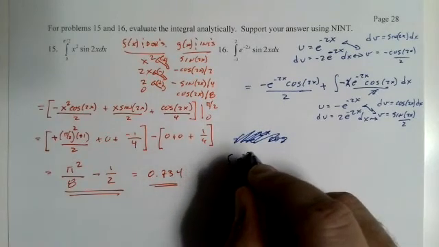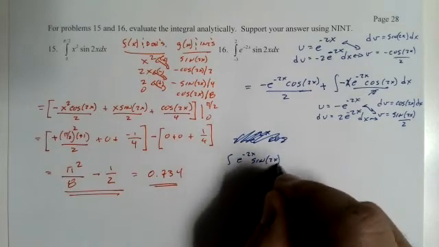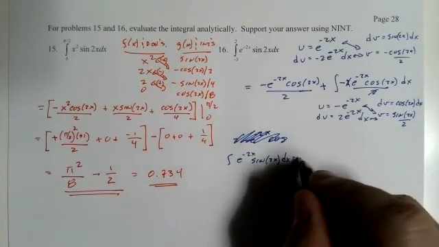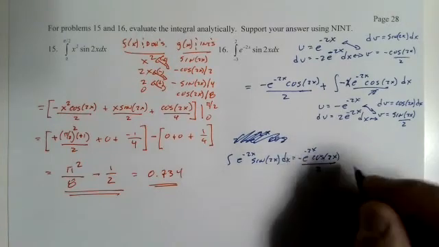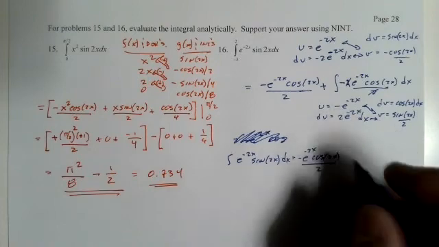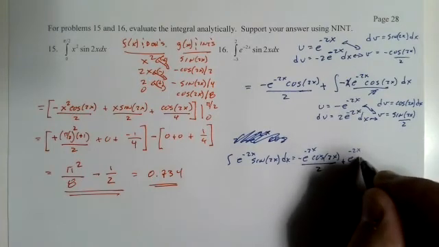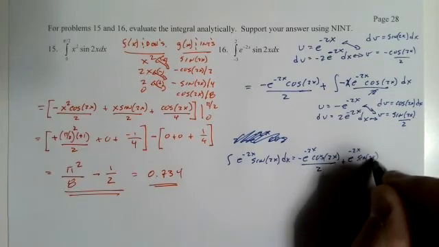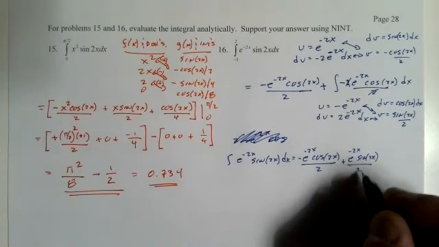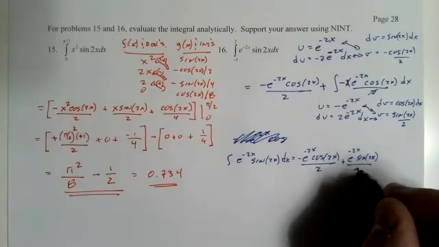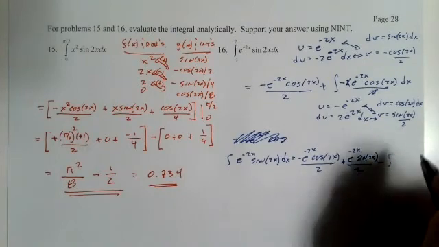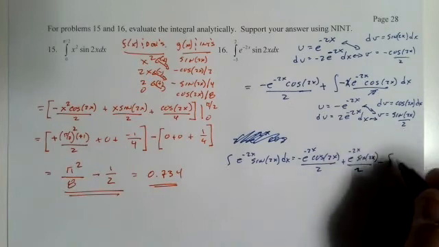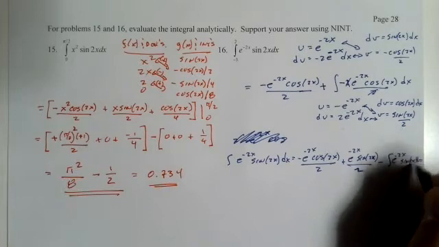Integral e to the negative 2x sine of 2x dx equals negative e to the negative 2x cosine 2x over 2 plus e to the negative 2x sine of 2x over 2 minus, there's nothing else here, minus integral, 2's will cancel, e to the negative 2x sine of 2x dx.